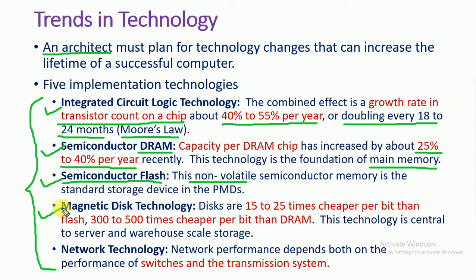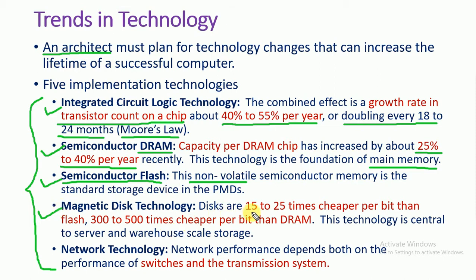We cannot have more capacity, because if the capacity is increased, the cost will also increase. So if we simply want to store a huge amount of data, we cannot use those memories. We use disk-like memories, which cost very little, and we can have more memory space where we can store all the huge amount of data.